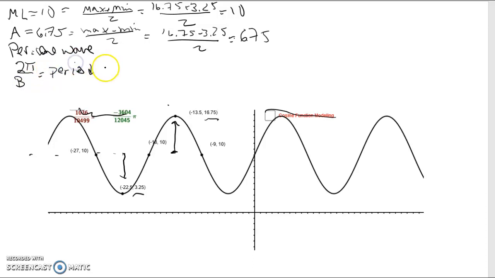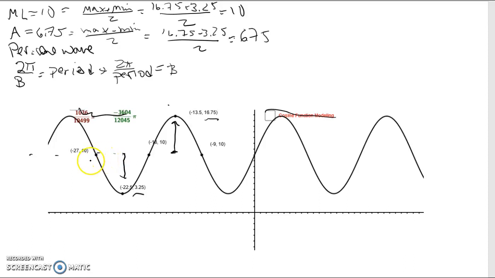But we can also rearrange this equation by dividing by period and multiplying by b, and we get 2 pi divided by period equals b. So these two nice little equations will always be able to yield either our period or our b.